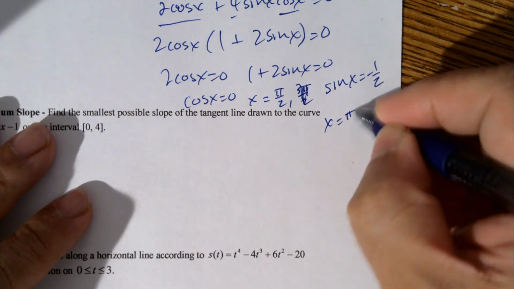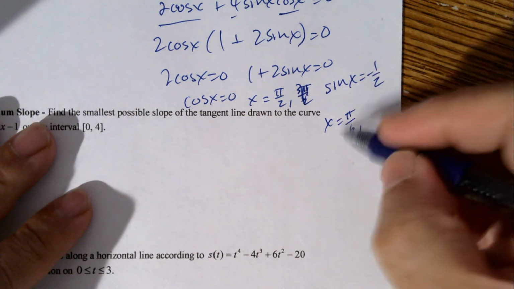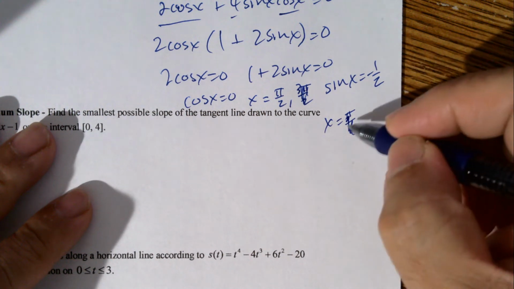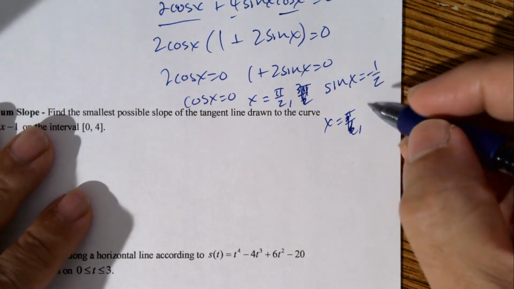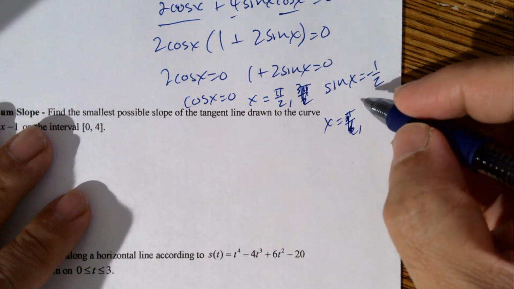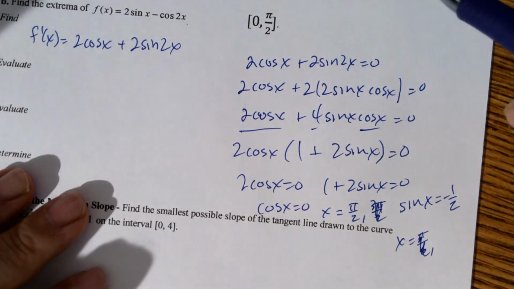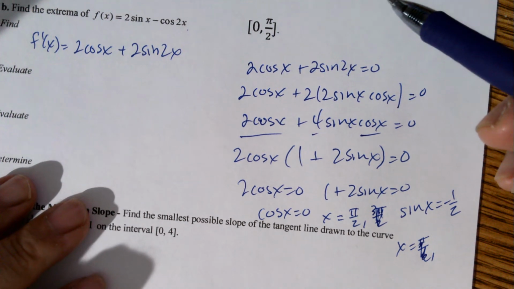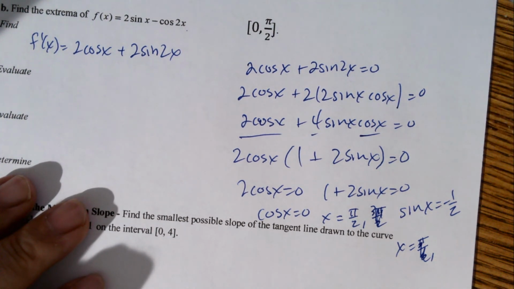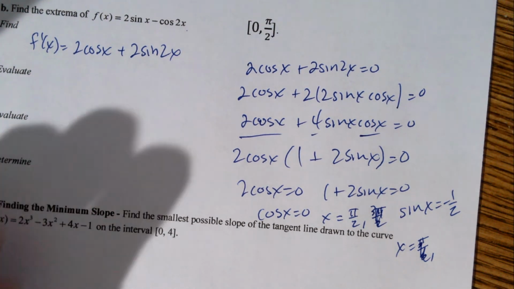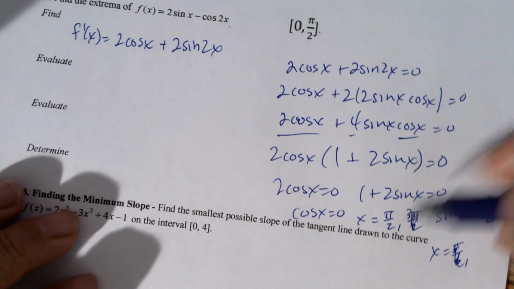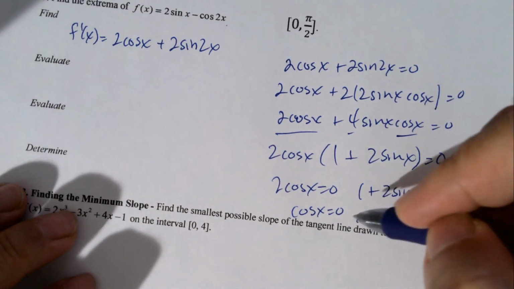Pi over 6. Oops, that's incorrect. It's -1/2. Pi over 6 is +1/2, so I want the negative version on the interval 0 to pi over 2, and there are none. Wow, okay, so there are none. All right, so then it's just pi over 2, and that's it.